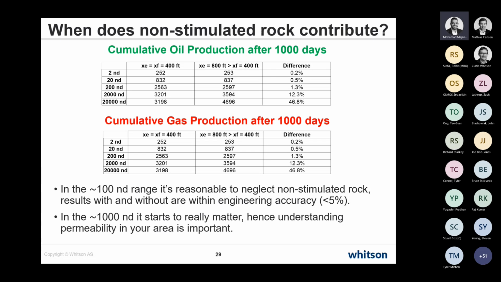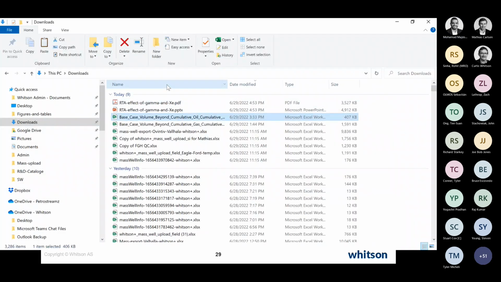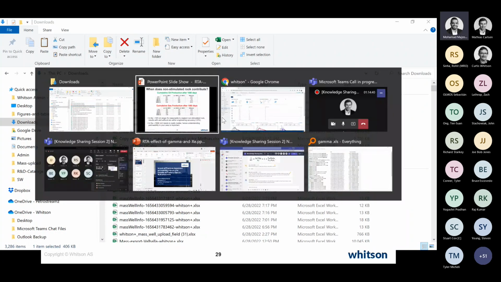In the 1000 nanodarcy cases it starts to really matter, and that's why it's important to understand more or less what your permeability range is. I can see here that I actually copied the oil table twice, but I can just get that here.